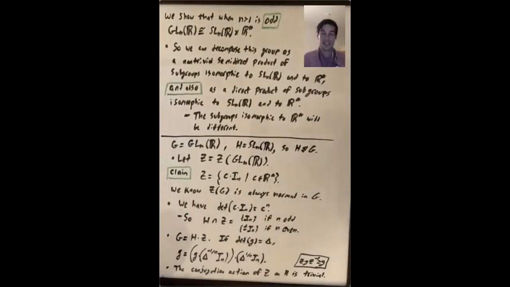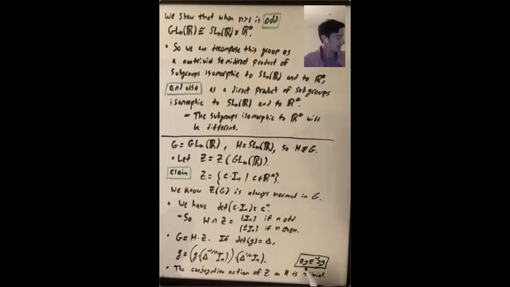So what does that tell you? You can apply the recognition theorem for semidirect products and say, okay, well, now we know that G is isomorphic to H semidirect product Z, where the homomorphism phi comes from the action of Z on H by conjugation. But that action is trivial.